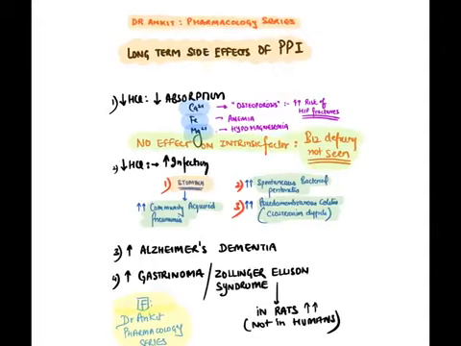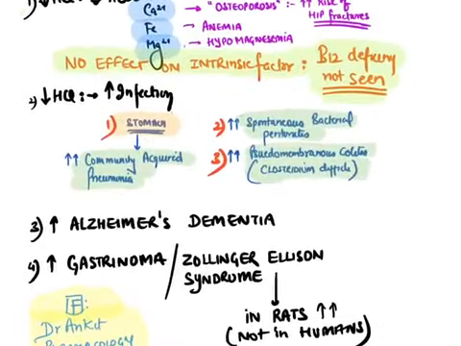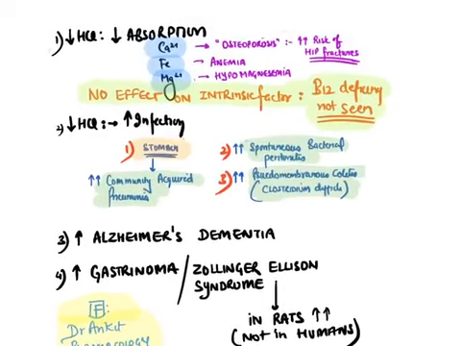So if HCl is less, it may increase the risk of infection, especially stomach infection, spontaneous bacterial peritonitis, and it may also cause pseudomembranous colitis. And these bacteria may reflux back into the lungs also. What we have seen in the long term is that they may cause increased risk of community acquired pneumonias.